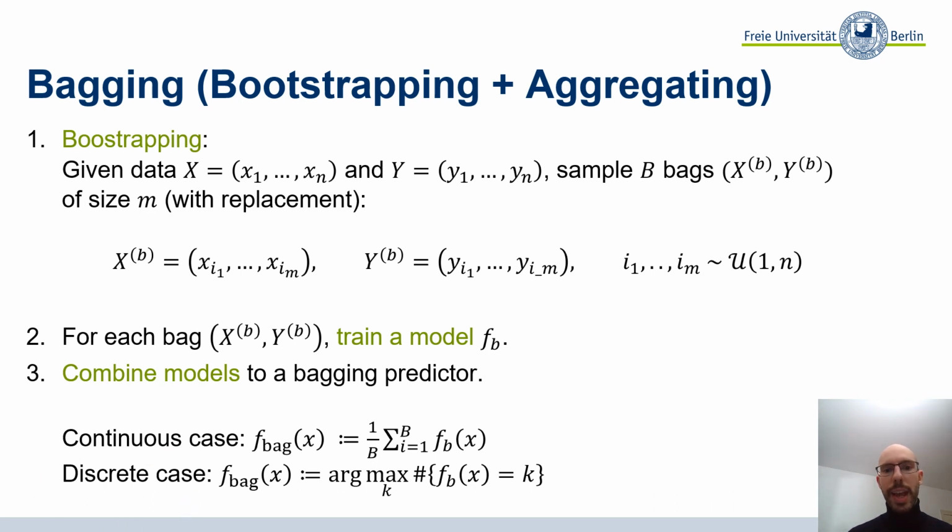And in the discrete case, again, given a point x, we compute the predictor outputs for this point x for all our bootstrapped models, and then we just take the majority vote of those models.